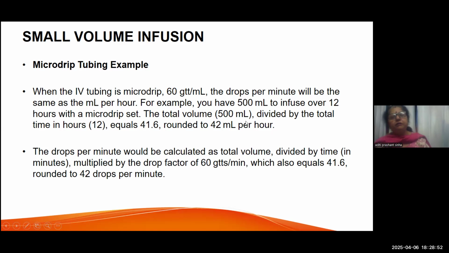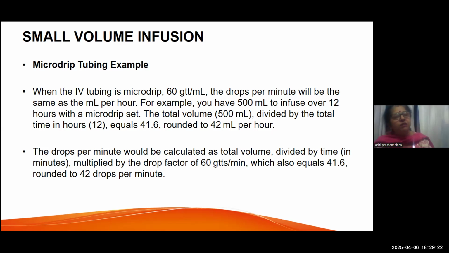So how do I give it? 500 ml divided by the total time, 500 divided by 12. So it comes to 41.6. Now I cannot give 41.6 drops with a micro drip, so what will I do? I'll make it a round figure. Something more than 0.5, we move on to the next higher number.